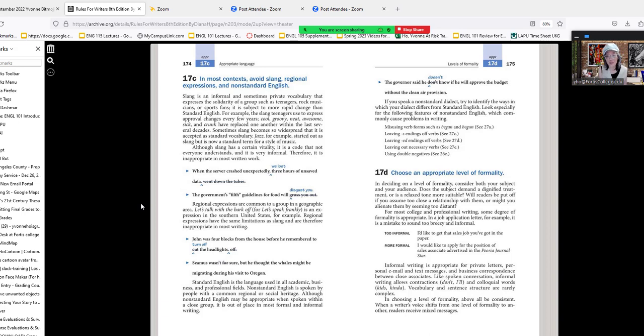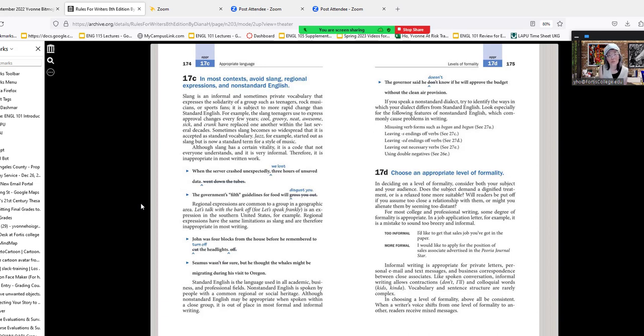Misusing verb forms such as began and begun, leaving S endings off verbs, leaving ED endings off verbs, leaving out necessary verbs. I done my work, instead of saying I have done my work, for instance. Using double negatives. I done nothing wrong. That's a double negative, instead of saying I haven't done anything wrong. So you don't use two negatives in a row. Yet some people talk like that.